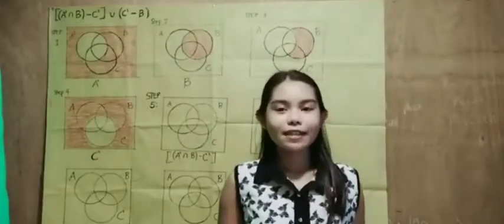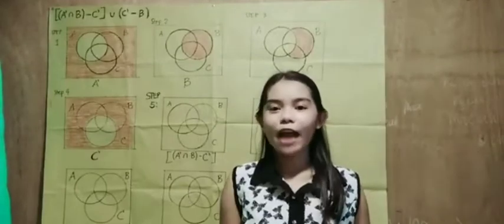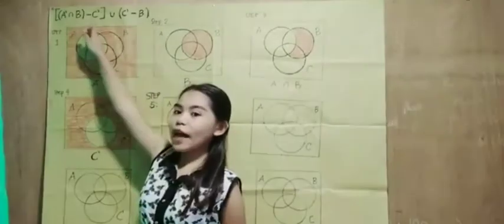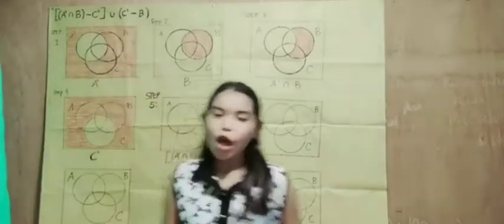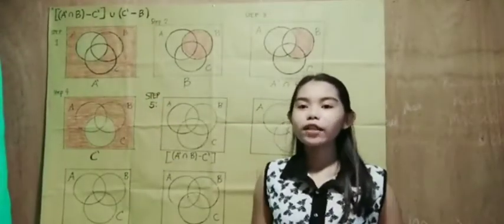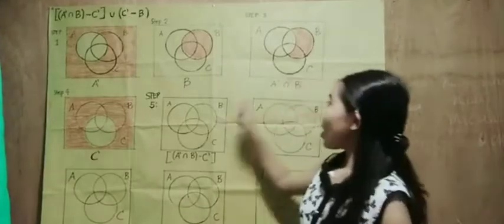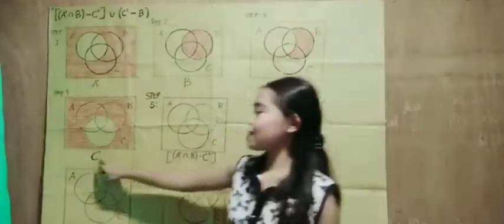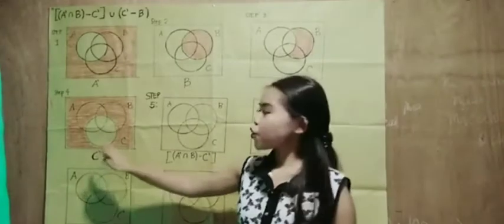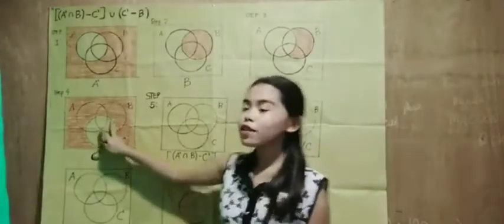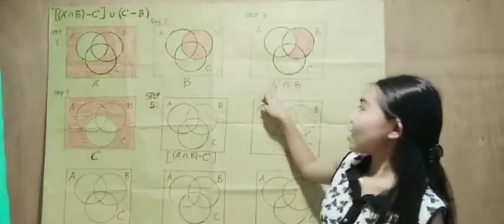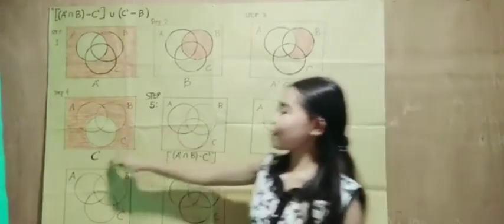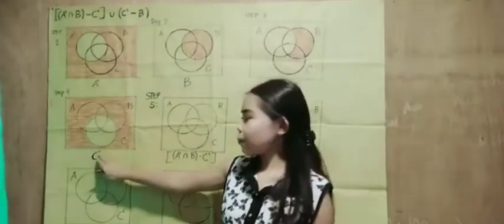So for our next step, we're going to find A prime intersect B minus C prime. So for that, we are going to evaluate what is in A prime intersect B that we cannot see in C prime. So this area. So what do we see shaded in A prime intersect B that is not shaded in C prime?